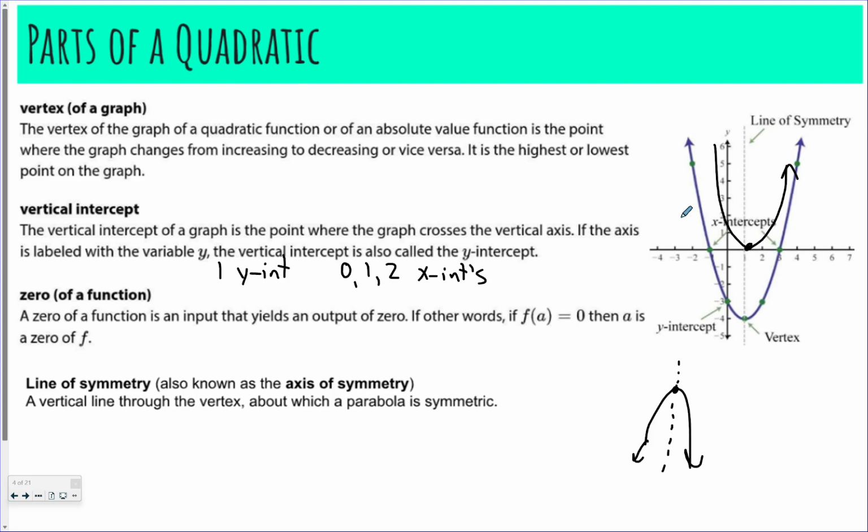That only happens when the vertex touches the axis, because it'll come down and bounce off. The other situation that occurs is when your parabola is just completely facing away from the axis. And in this case, you won't have any x-intercepts. And algebraically, you can actually see when this is going to happen. We're going to do that as we go through this unit.